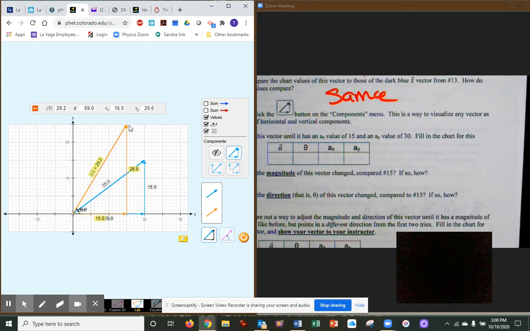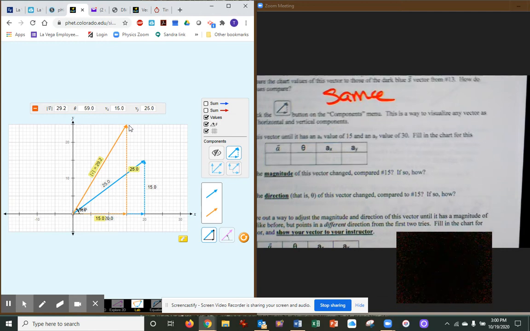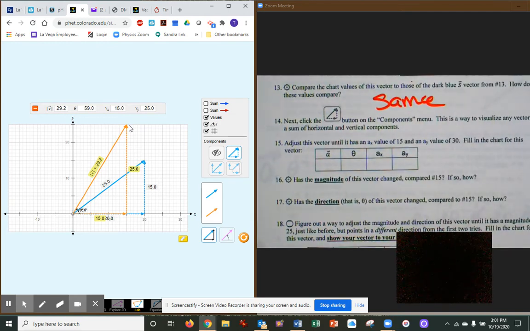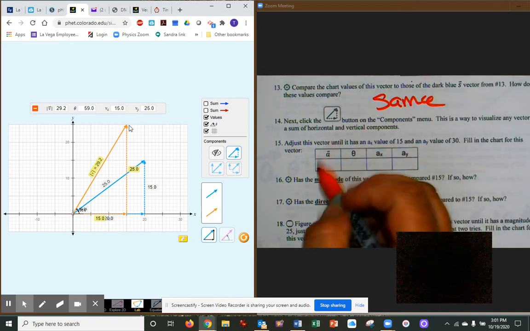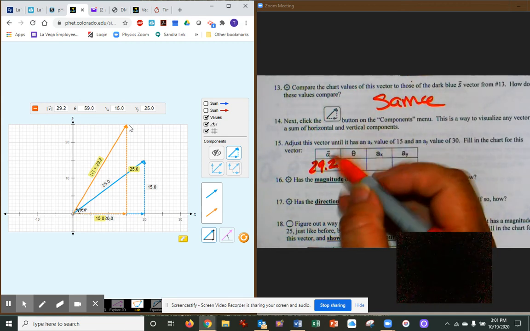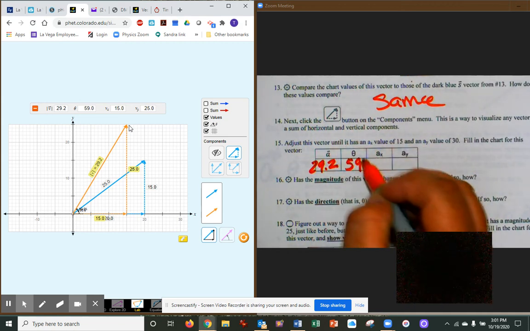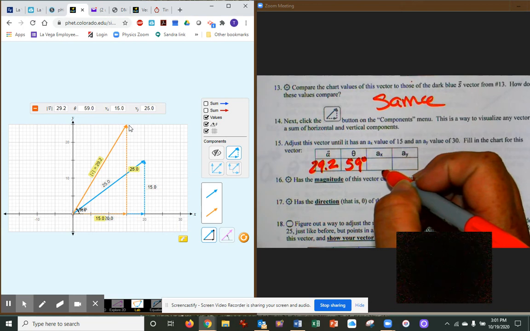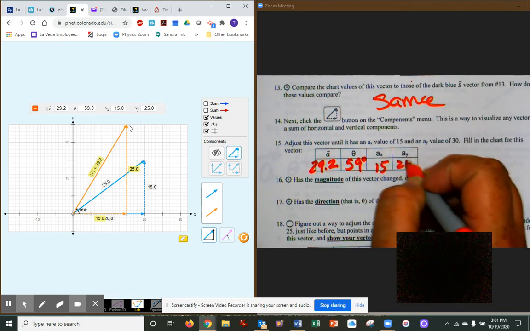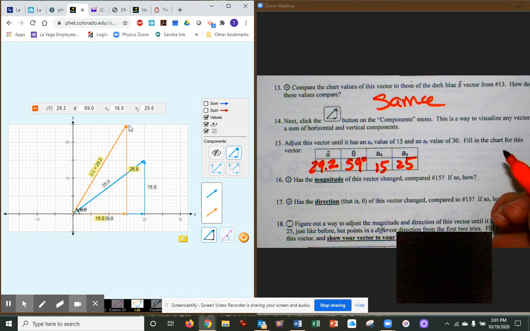For your new one, what's the magnitude of the new one? Look at the top. What's your angle? 59. Your X component? 15, and your Y is 25. Okay, new numbers.